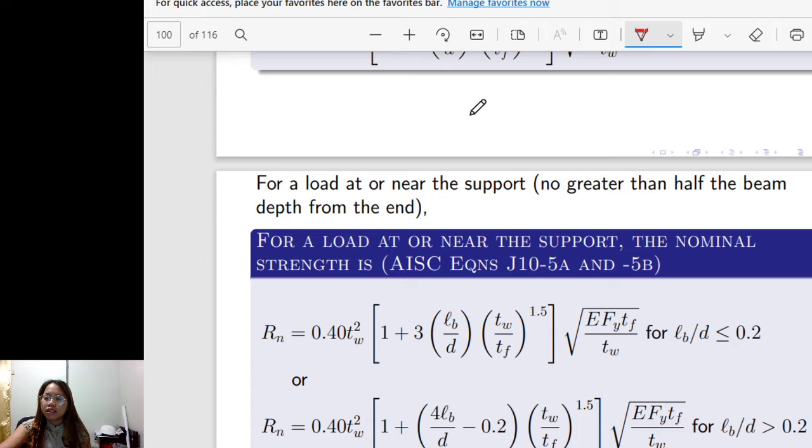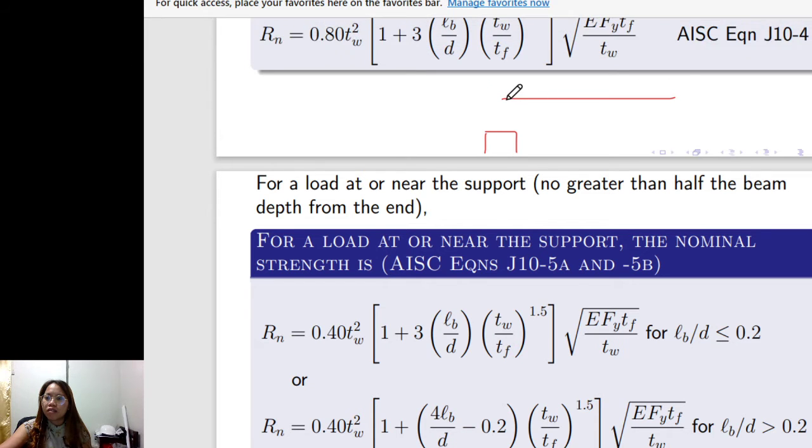Say this is the column, then you have the beam. This is the depth of the beam. Sorry, my drawing is bad. Then you have the bearing plate.